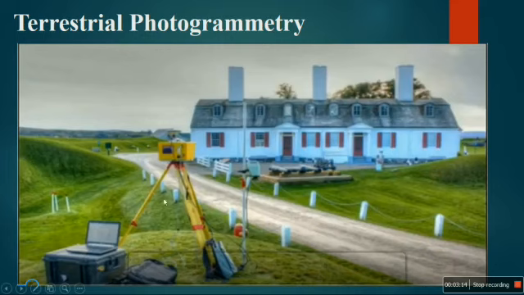Here this is our camera and, for example, this is the object, taking the picture of this building using this camera. This is one more example of terrestrial photogrammetry. And last, one more example of terrestrial photogrammetry is taking a selfie.